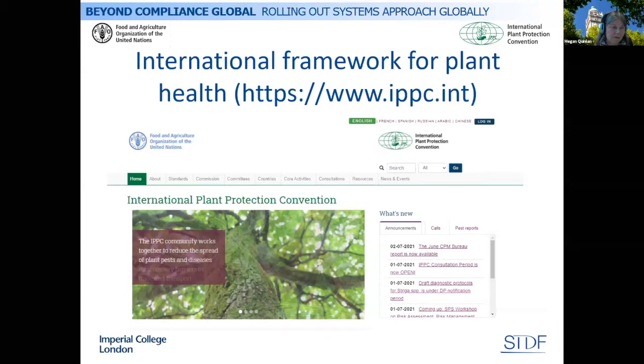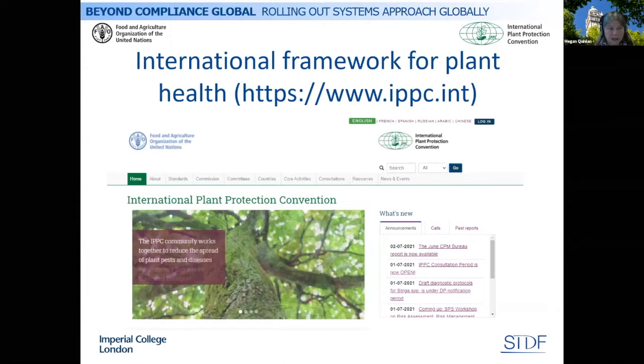It actually came into force in 1952. So it's an old convention, but it has come to the forefront more in the 90s when the World Trade Organization recognized it as the standard setting group for plant health in terms of the sanitary and phytosanitary issues.